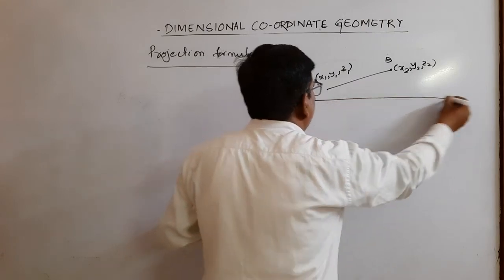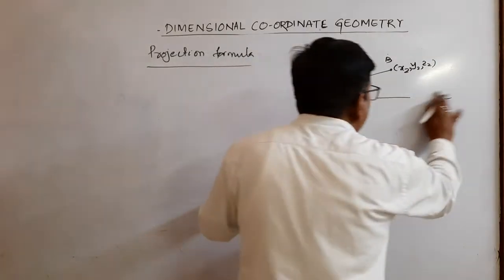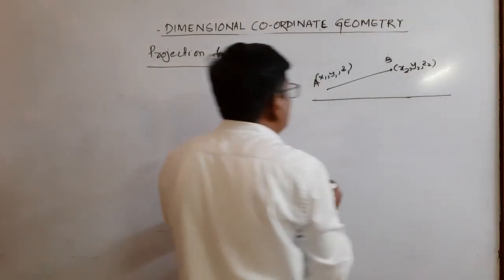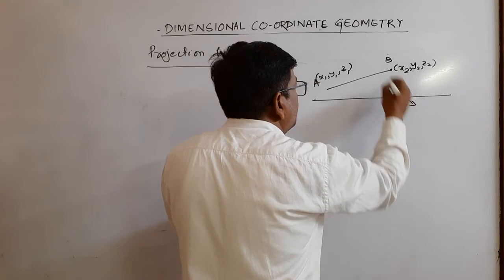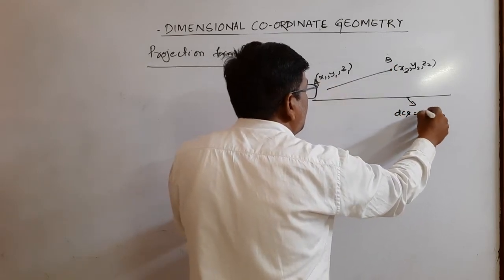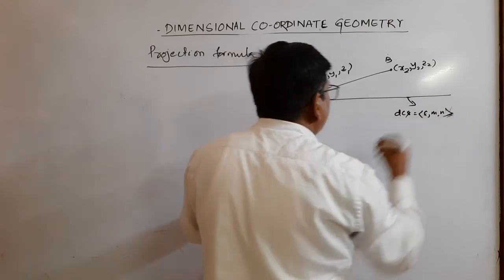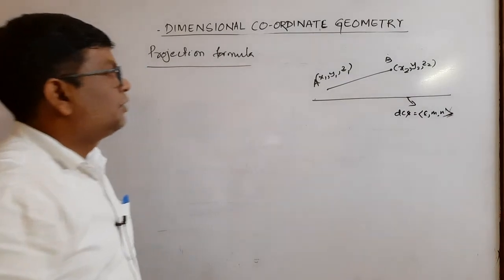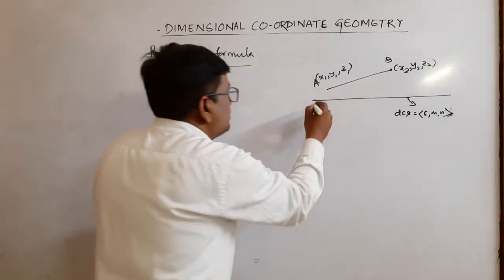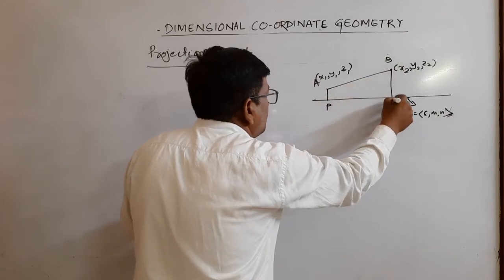This is the straight line whose two endpoints are given, and suppose the DCs of the line are l, m, n. Then what is the projection? Suppose these are points P and Q.